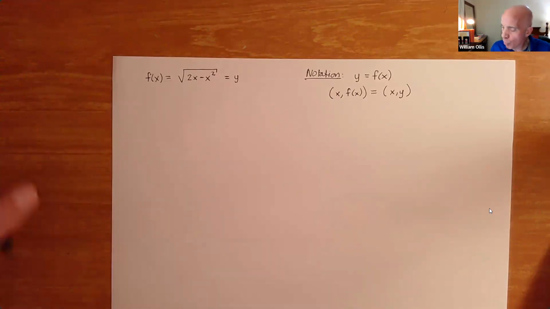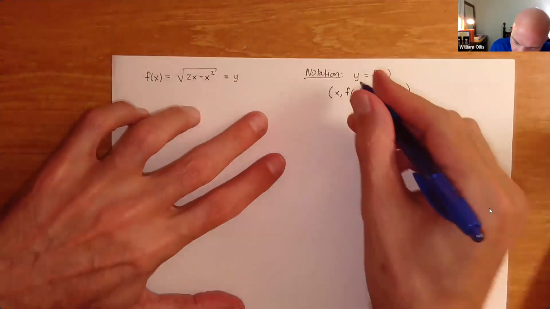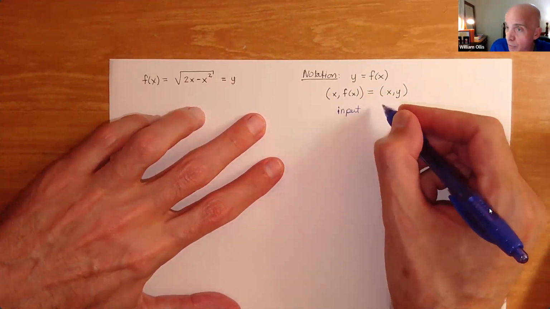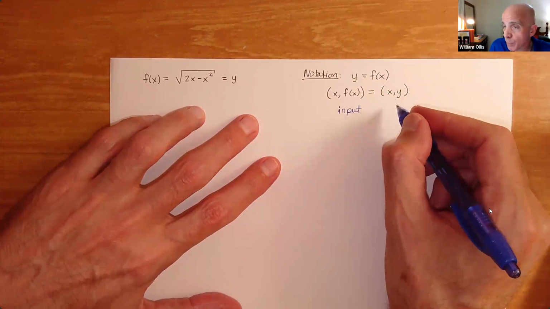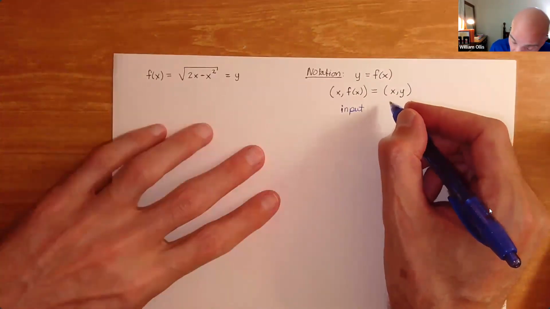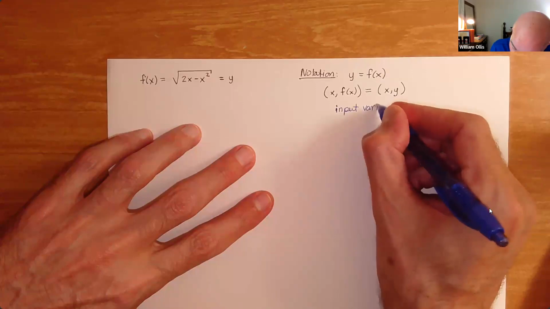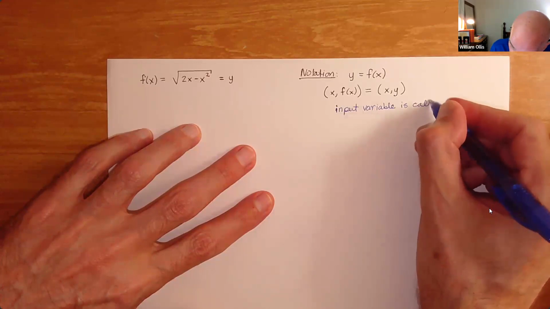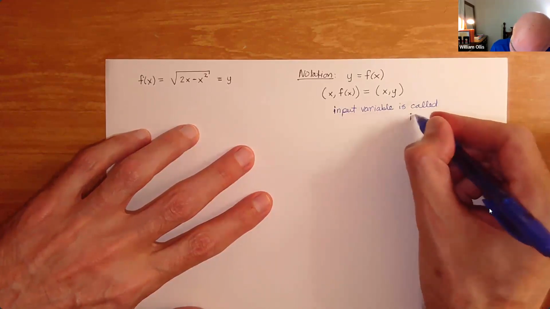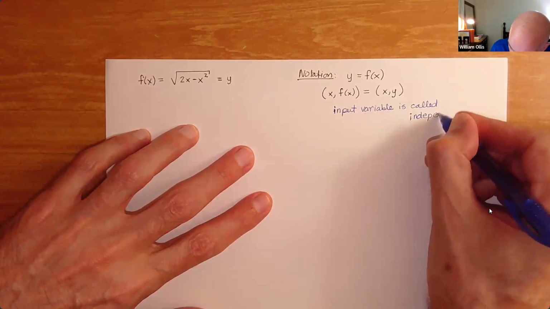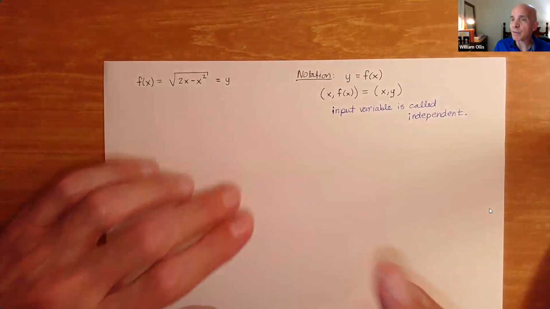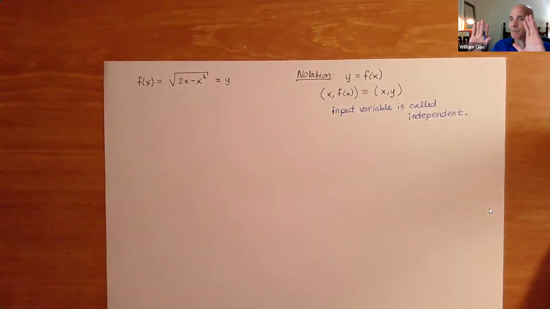And one more set of terms that you may find to be useful. The input variable, whatever it may be, you may be in a physics class and the input variable is t for time, okay? So the input variable is called independent. That is, the input variable is something from the domain.